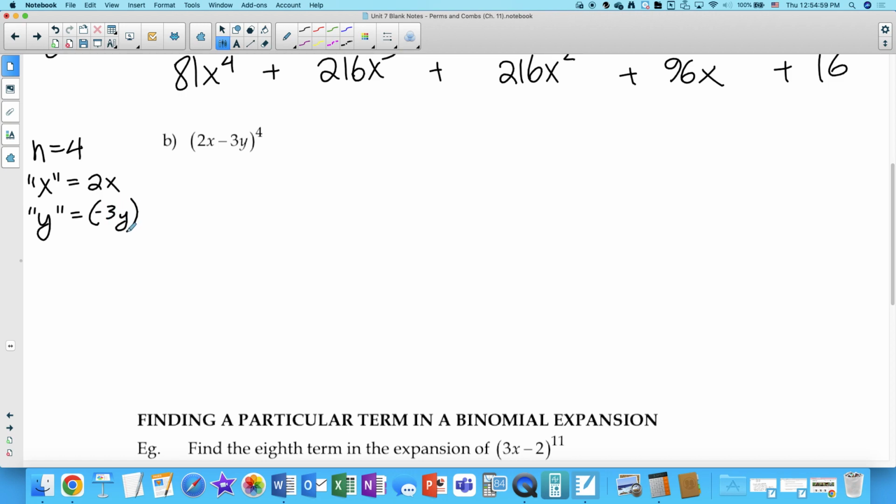So make sure that you keep whatever sign goes with each term in the binomial. That has to be part of this piece as well. Okay. So again, because our n value is 4, we're going to have 5 terms. So I like to, again, just write t1 plus t2 plus t3 plus t4 plus t5.